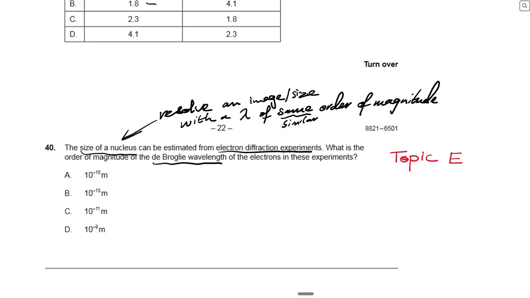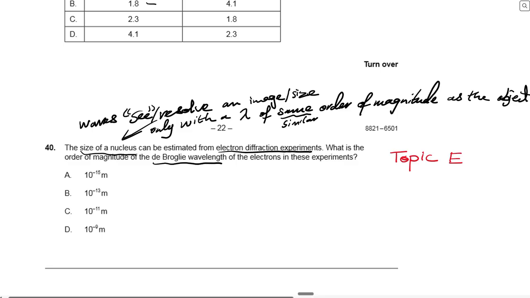An object can only be resolved by waves with a wavelength of the same order of magnitude as the object. So we can only estimate the size of a nucleus if the de Broglie wavelength of the electrons is approximately equal to the radius of the nucleus.